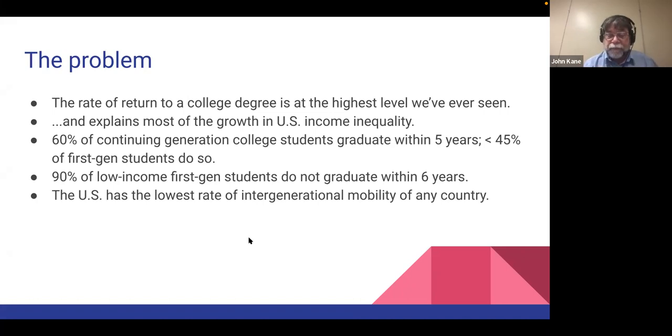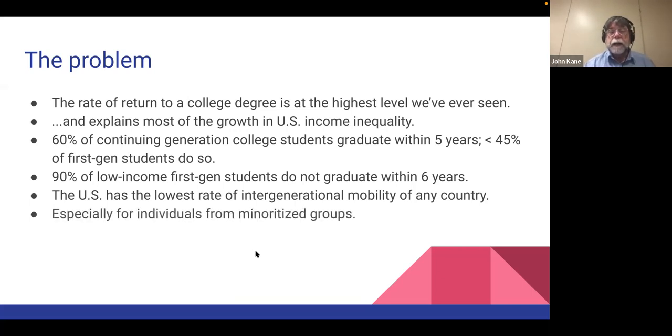So basically, if you were born into a household that's in the bottom quintile, then your children are very likely to be in the lowest quintile. And this is the lowest level we've seen in the US, as well as, again, one of the worst that we've seen of pretty much any country out there, certainly any industrialized countries. And this is especially true for individuals who are Black or Hispanic.